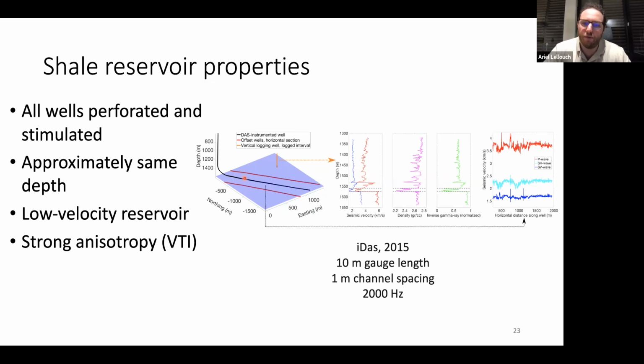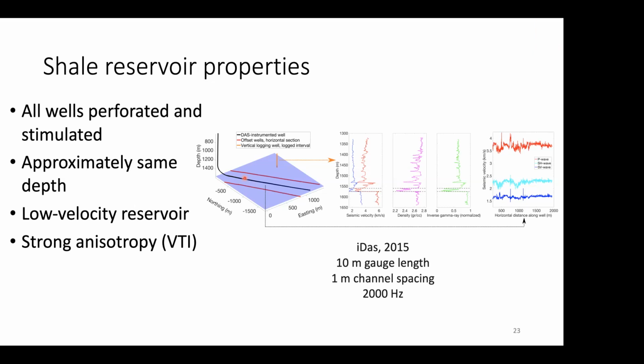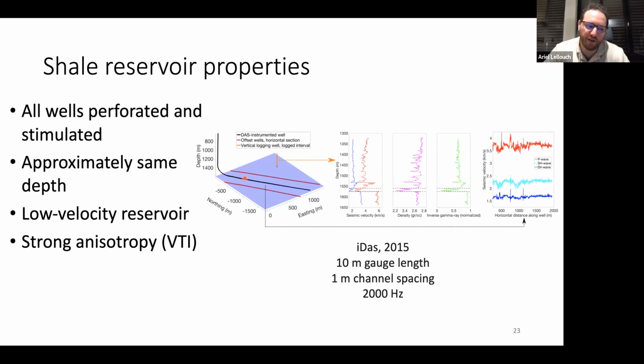But then you're competing with tube waves, and it's tricky. One of the PhD students at Stanford is looking into full waveform inversion of that, and hopefully will recover the elastic, anisotropic properties and see a difference between the previously stimulated area and the unstimulated part.